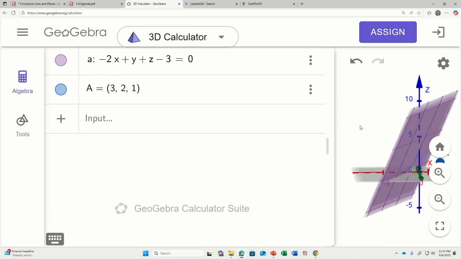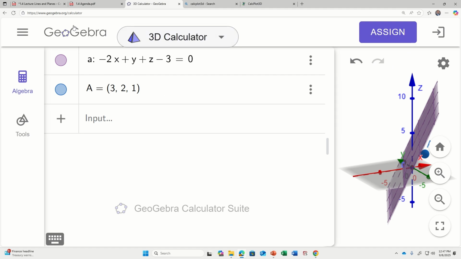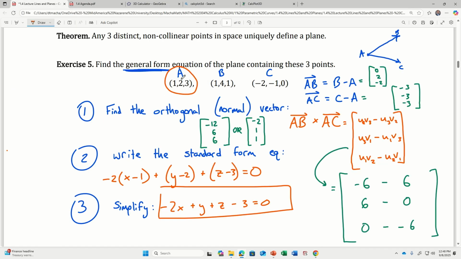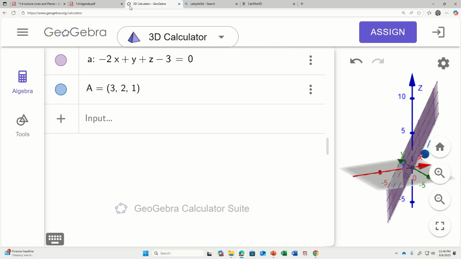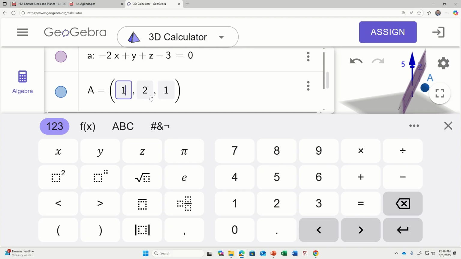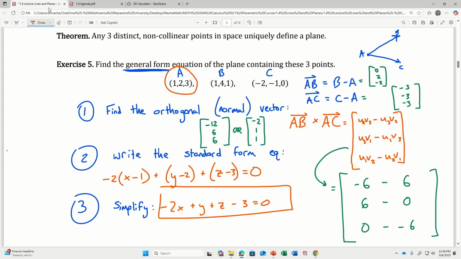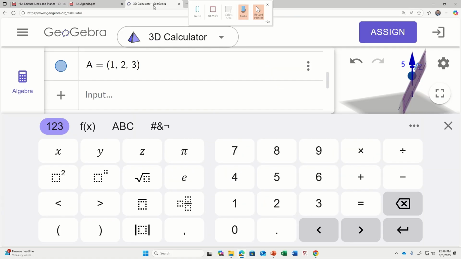That should give me a plane. And I'm hoping that this plane contains these 3 points: 1, 2, 3; 1, 4, 1; and negative 2, negative 1, 0.